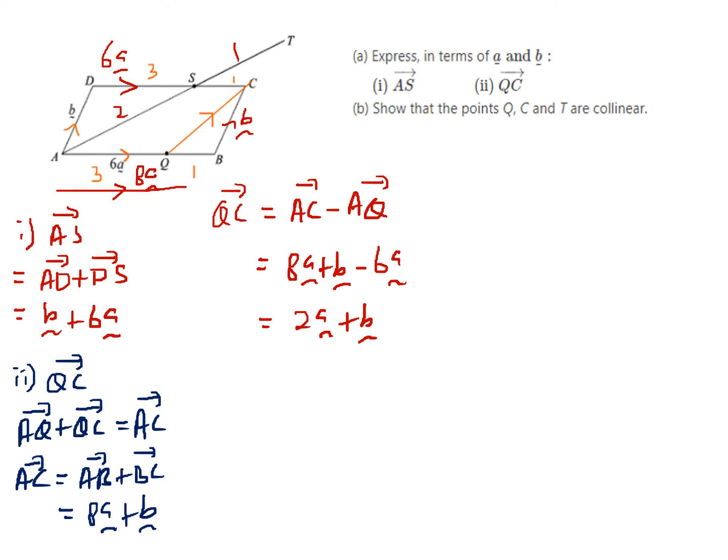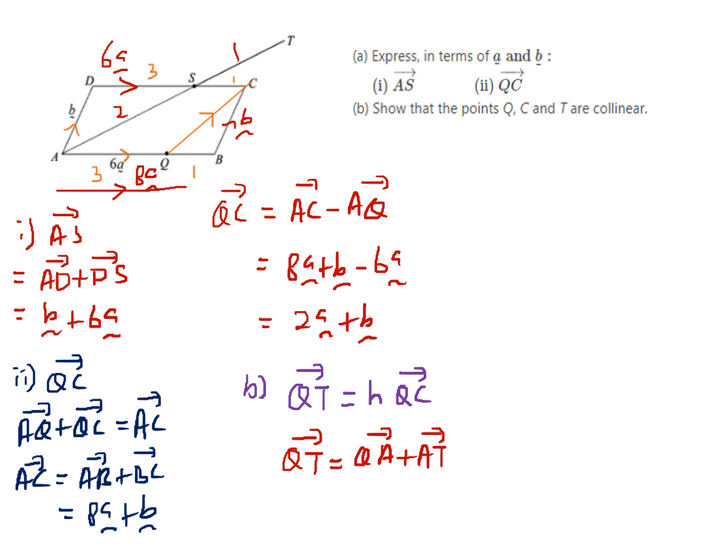To show that points Q, C, T are collinear, we can express vector QT as h vector QC. By using the triangle law, vector QT equals vector QA plus vector AT.